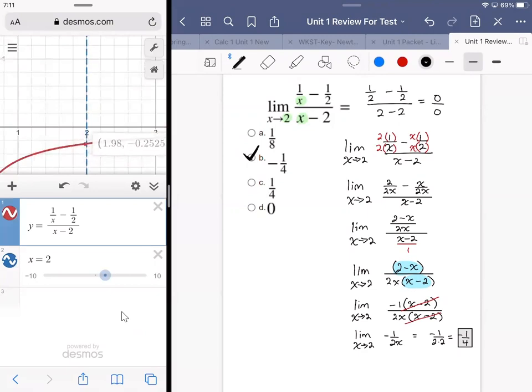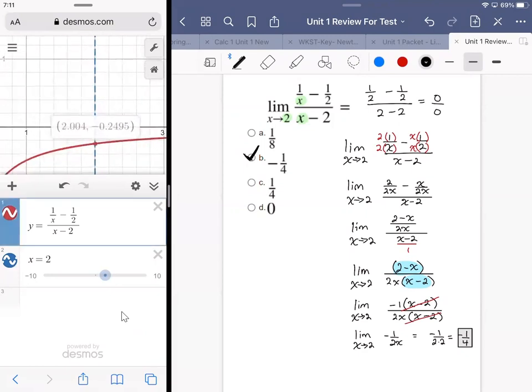Right? As I come in from the left and I come in from the right, I'm going to the same location. The problem is that same location, well, we'll say is undefined, or it's an open circle anyway.